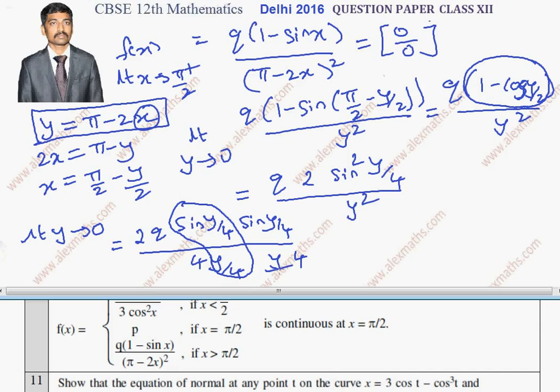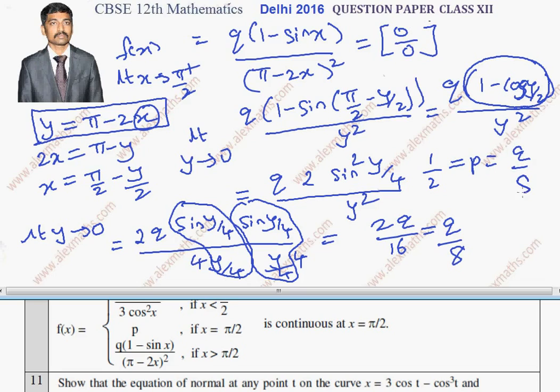In the same way, if I put by 4 for the other term also, I will get this as 1. The remaining will be 2q by 16, which is q by 8. So by comparing all the three terms, first we got half, then we got p, now we got q by 8. By equating these two, I am getting the value of p as 1 by 2. By equating the first and the last, I will get q is equal to 4.